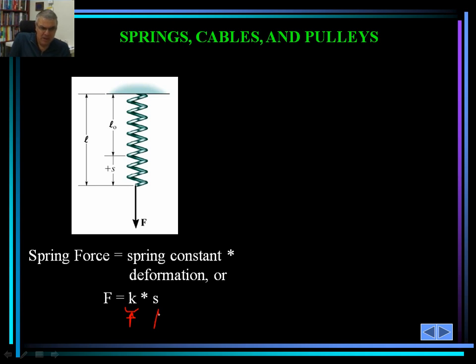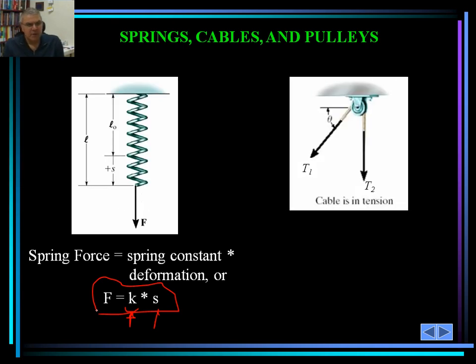So a spring force is proportional to its constant and its deformation. Every time we multiply the spring constant by the displacement that the spring goes under, that gives us the force. So force in the spring is K times S. This is a very important formula to memorize, really.